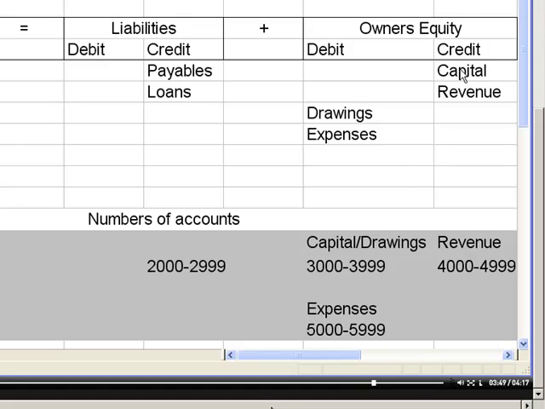Anything that's either capital or drawings, the owner putting money in or taking money out, will be between 3,000 and 3,999. Any kind of a revenue, sales revenue, will be between 4,000 and 4,999, and expenses, all of them will be between 5,000 and 5,999. So these are the new accounts. These are the normal balances of all of your accounts.